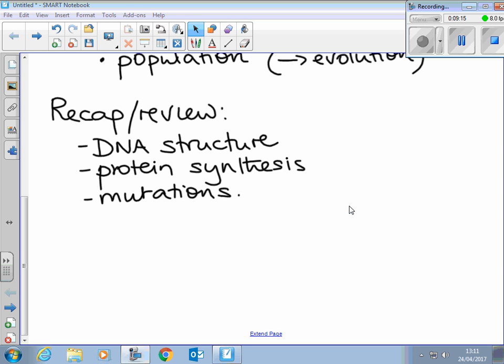But this includes stuff like, when we were doing protein synthesis, we had this idea that if you have a sequence of bases that forms a gene, then that's transcribed into messenger RNA. You get the bits spliced out, and then the exons are stuck back together again to make the bit of code that's actually then translated into a protein.